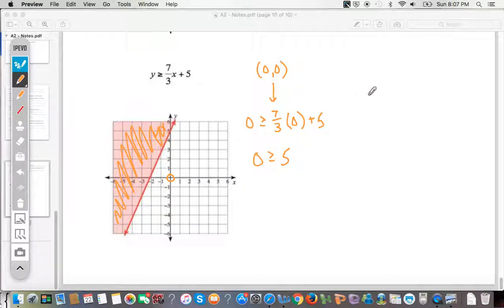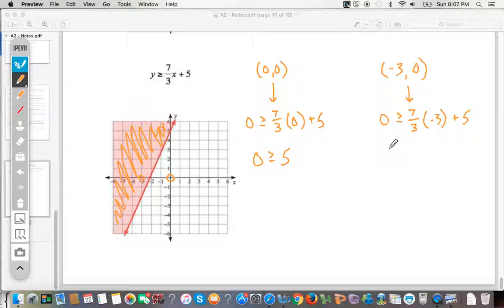Okay, so let's say I pick negative 3, 0. So this point right here, which I know is a solution because it's already shaded. Okay, so I'll have 0 is greater than or equal to 7/3 times negative 3 plus 5.